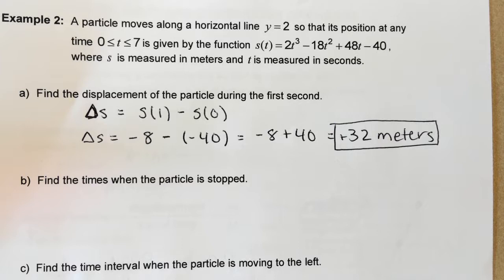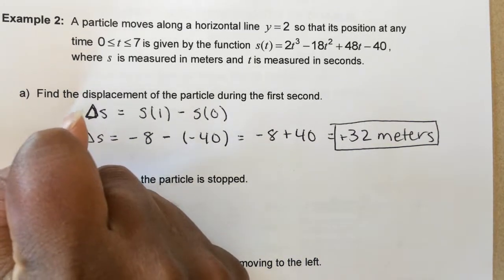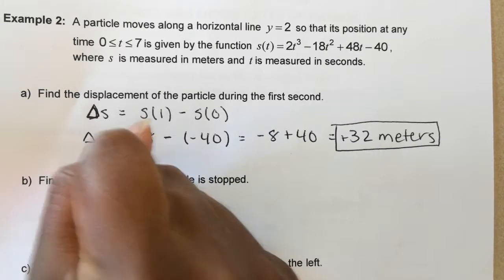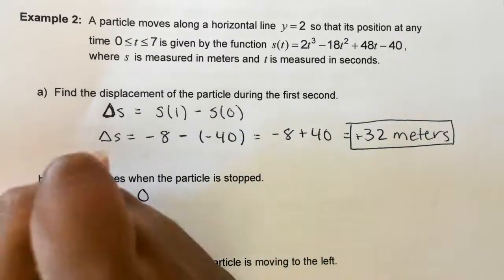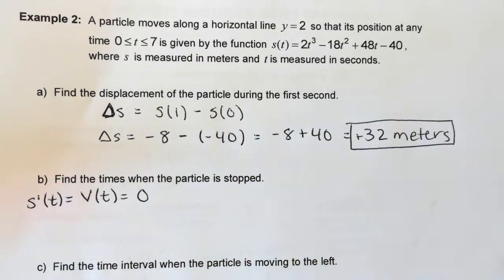Second question asks us to find the times when the particle is stopped. So if we remember from our first example, the particle is stopped when v of t is equal to 0. And we can rewrite v of t as the derivative of s of t.